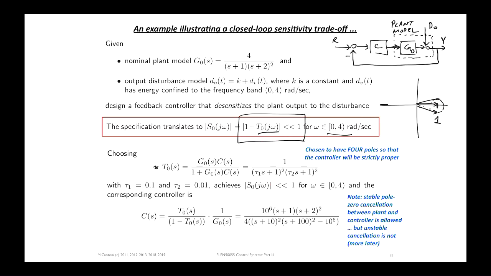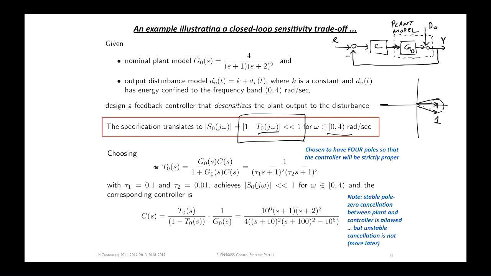Now, why I've had to choose so many poles here is so that when we use this to recover C, we end up with a proper transfer function. A transfer function where the degree of the numerator is no greater than the degree of the denominator. If I chose fewer poles in T and went through this process to recover C from this, it's just algebraic to recover C from this, you wouldn't end up with a proper transfer function.